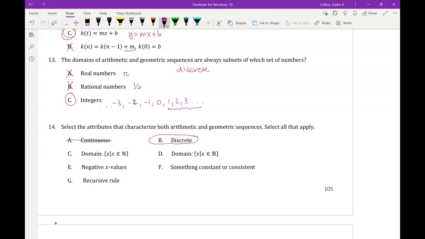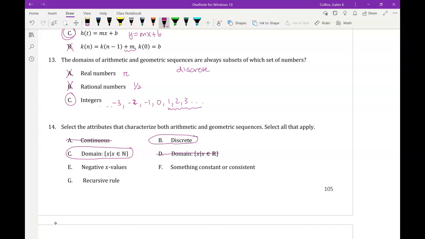All right, some of this is written in function notation and set builder notation, I mean. So in option C, and I'm not too worried about set builder notation, this is saying that our domain would be the domain of natural numbers, and that is correct. This is saying the domain would be the domain of real numbers, and that does not work for a sequence.